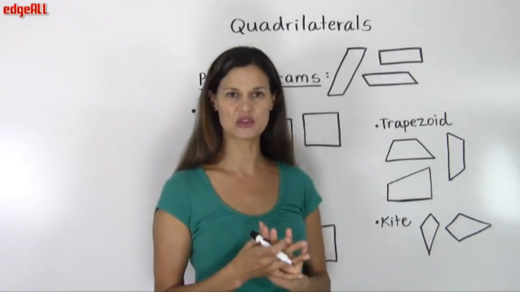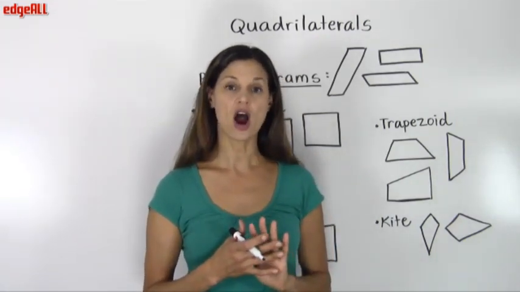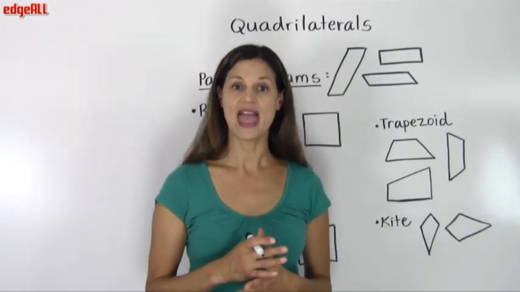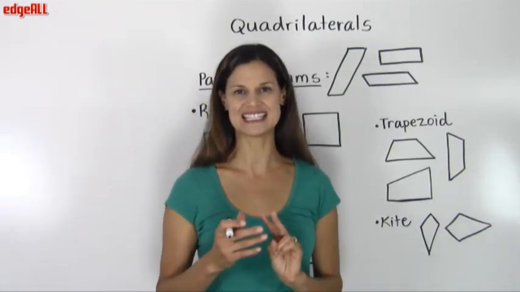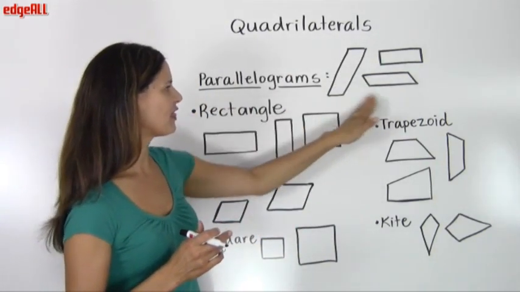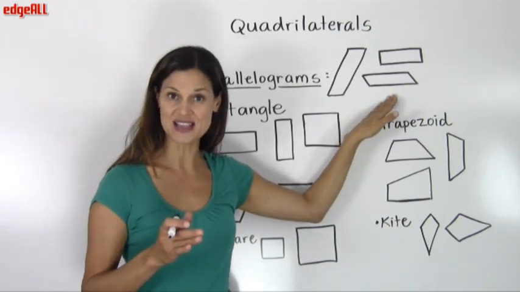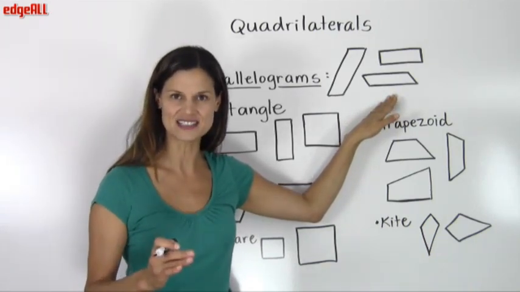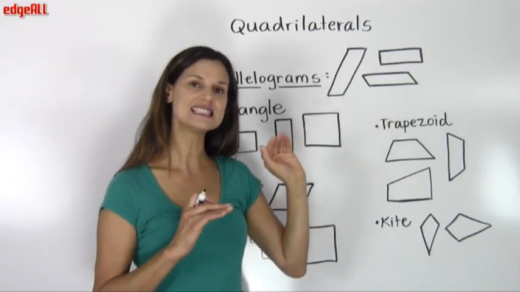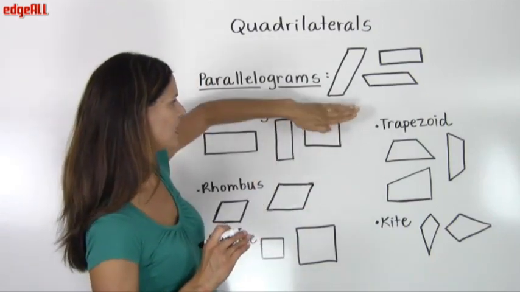The first 3 basic quadrilaterals that we're going to look at are parallelograms. A parallelogram has 2 sets of parallel sides. So here I've drawn 3 parallelograms, which are also quadrilaterals because they're 4-sided figures. With a parallelogram, we have 2 sets of parallel sides, and they're opposite one another.